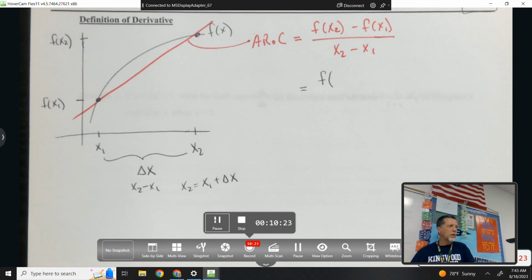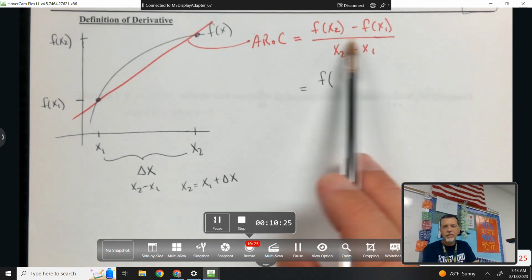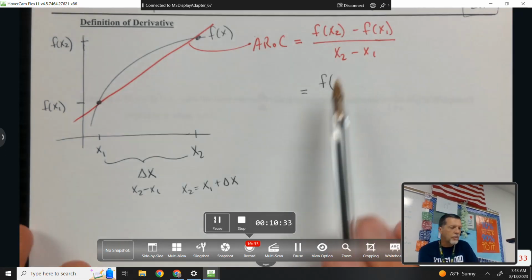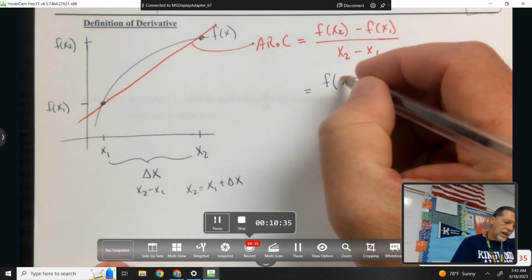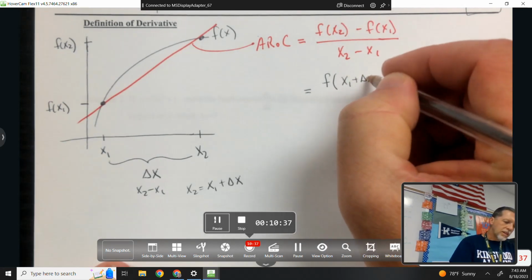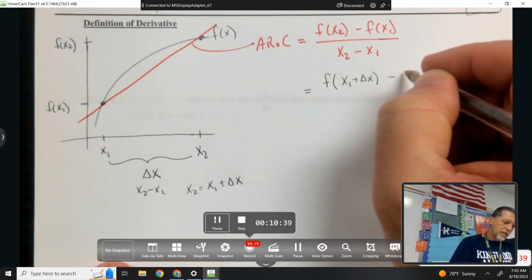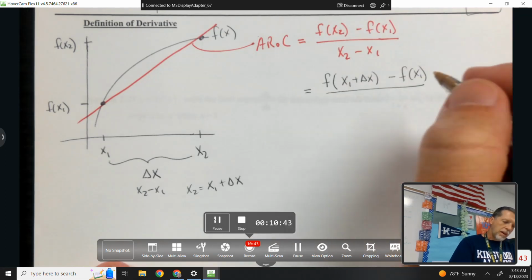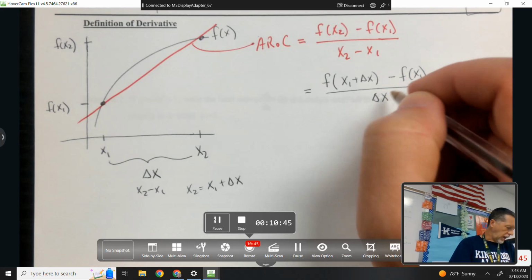This feels a little bit weird maybe because like what's wrong with this? And the answer is nothing's wrong with that. I just want to change a few things to make the next couple steps easier. So in place of x2, I'm going to say that that's x1 plus delta x minus f of x1 over delta x.